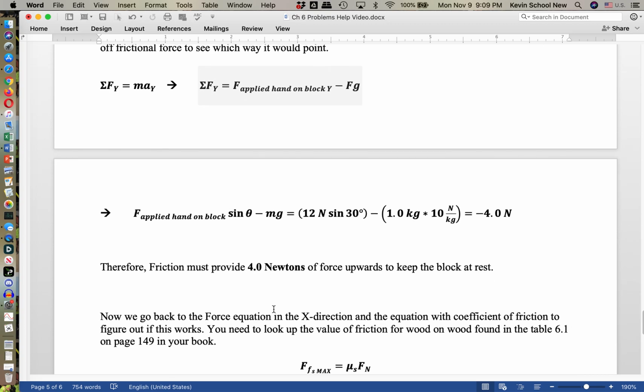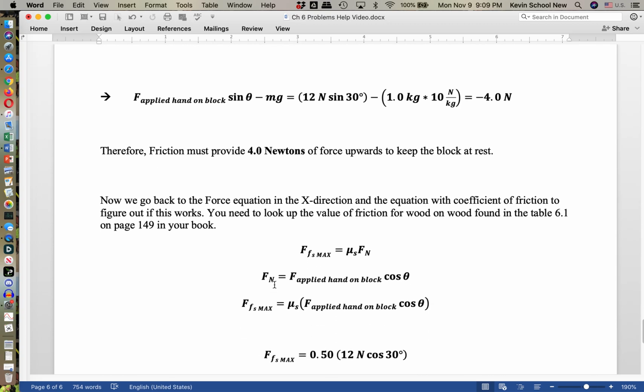So now we got to go back and look at what is the max force friction can apply. And that is found by taking that inequality on your formula sheet. F friction is less than or equal to mu times normal force. Change it into an equality because we're at the maximum amount of static friction.